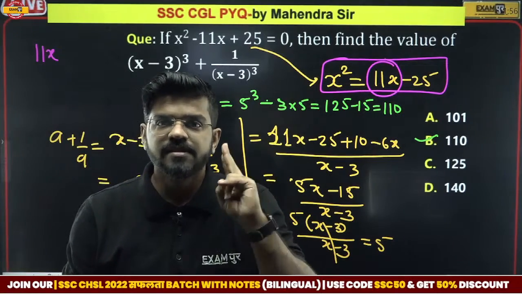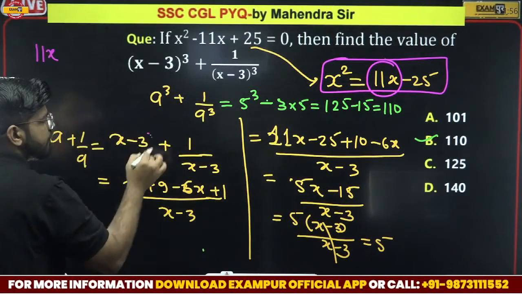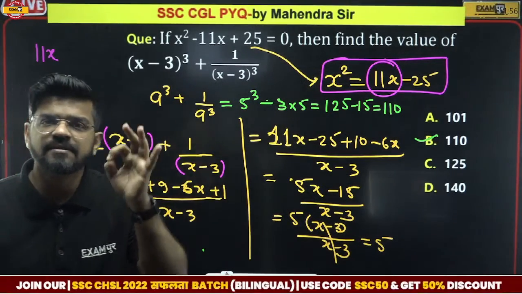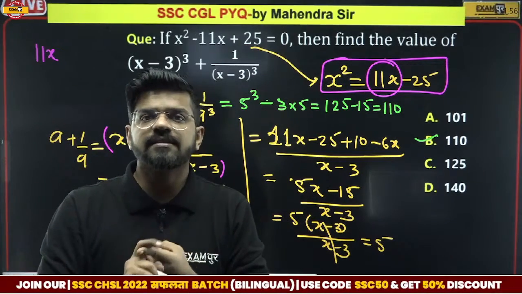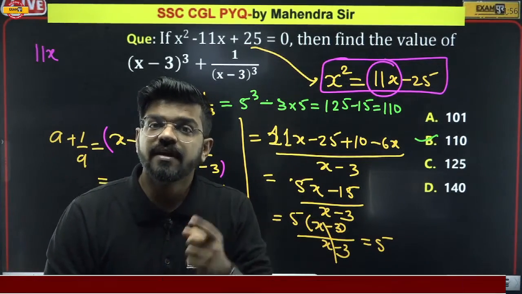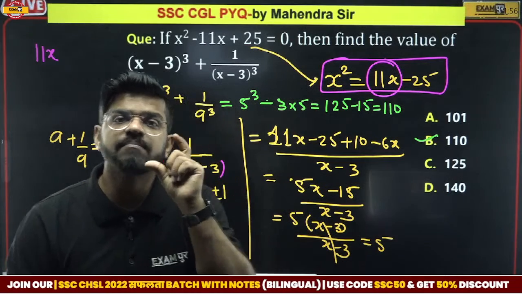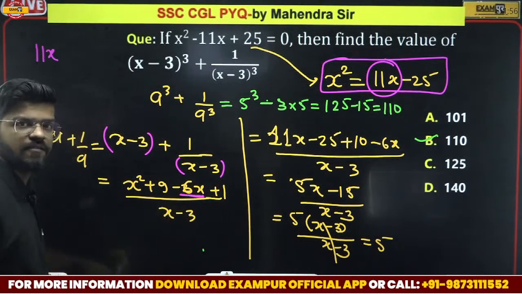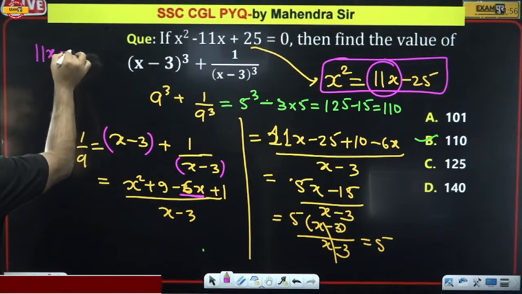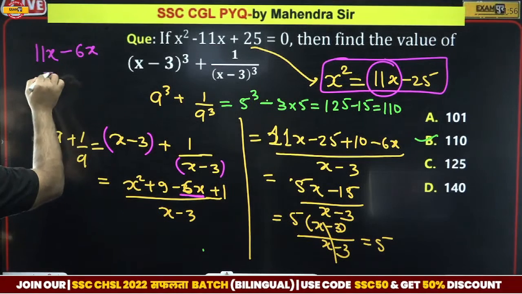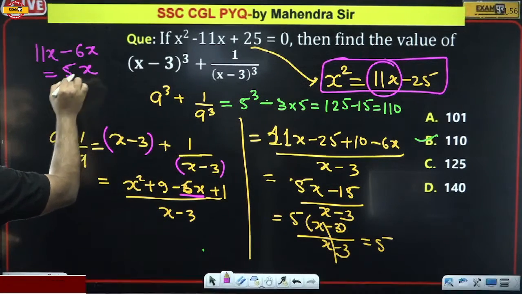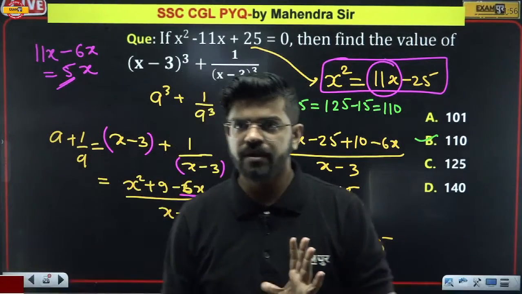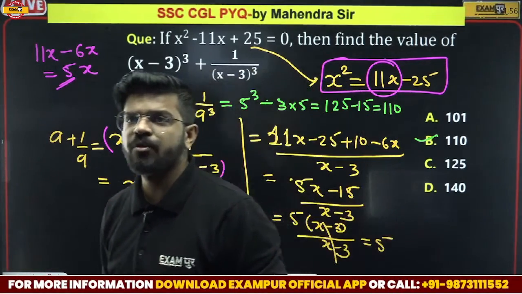Second thing, when we multiply these two, we get (x minus 3) whole square, and in it, in the 2ab term, we are getting minus 6x. So write here minus 6x. And now we are getting 5x. Forget about this x. 5 is my a plus 1 upon a value.